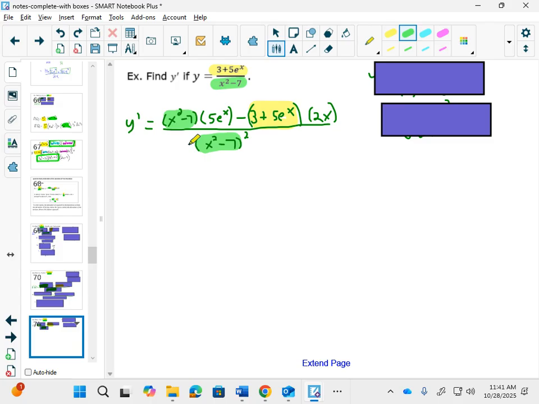They prove the product rule and the quotient rule with the definition of the derivative. So if you want to look that up, you can see how that works.